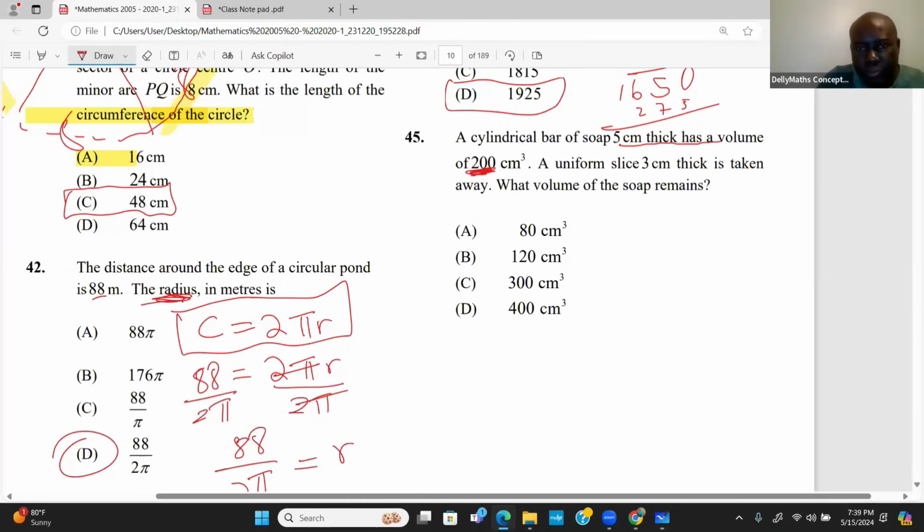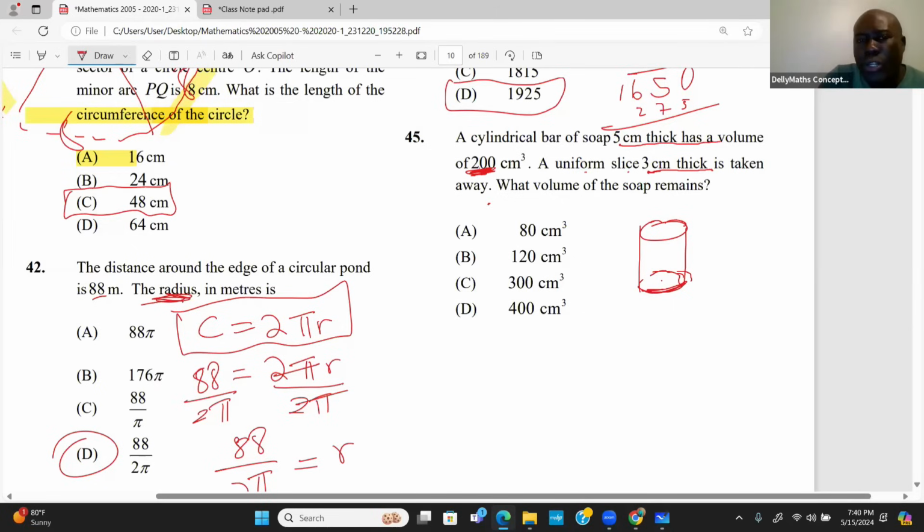And then it says a uniform slice of 3 centimeters thick. When it's uniform, it's going to go straight throughout, taking away. What is the volume of the soap that remains? So in other words, think about this. You have a cylindrical soap, and we have the volume of this already.